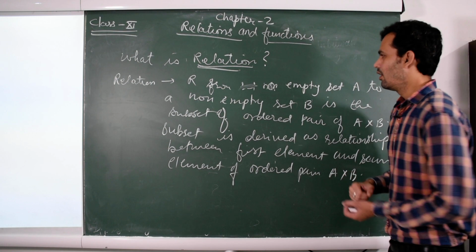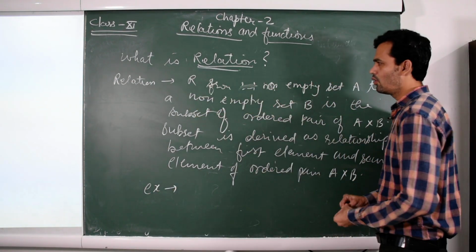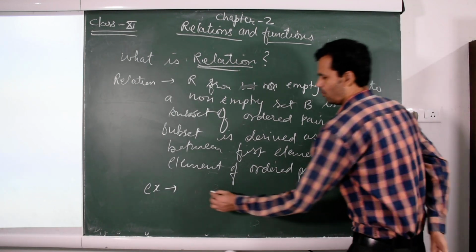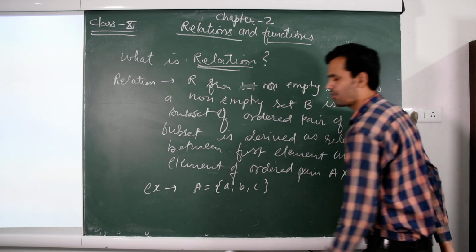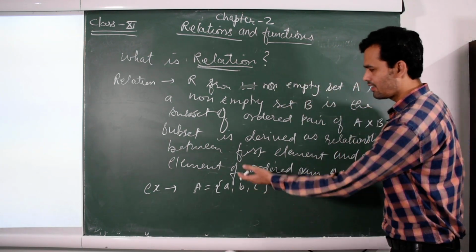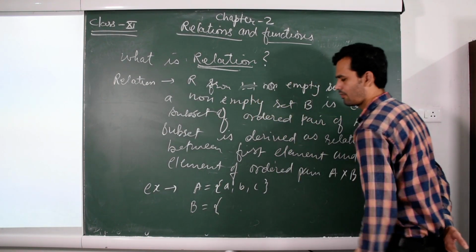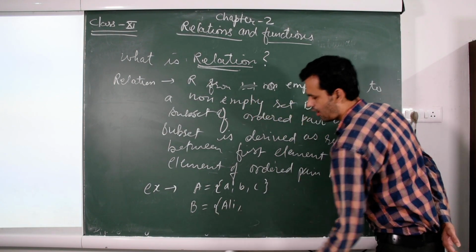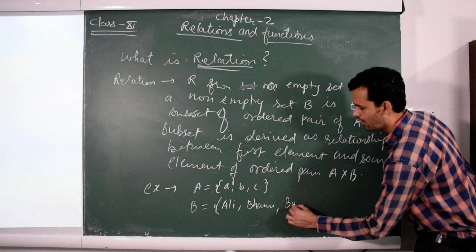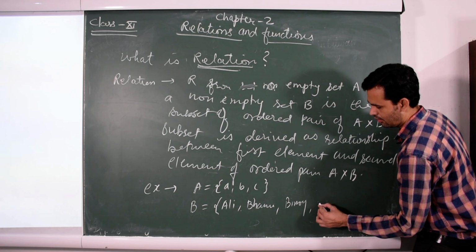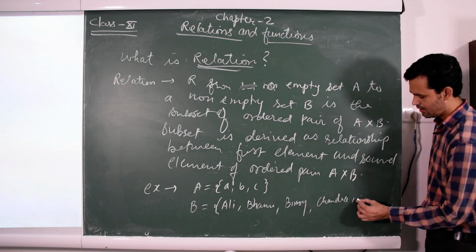So now we take an example. This example is from your NCERT book. Set A is having elements A, B and C, and set B is having 5 elements: Ali, Bhanu, Binoy, Chandra, and the 5th is Divya.